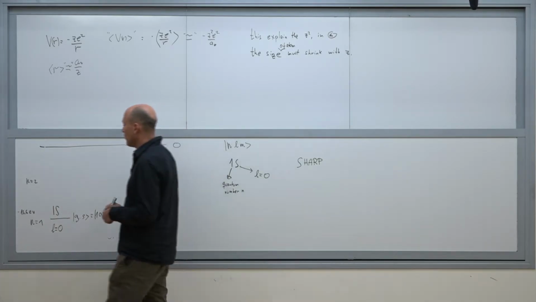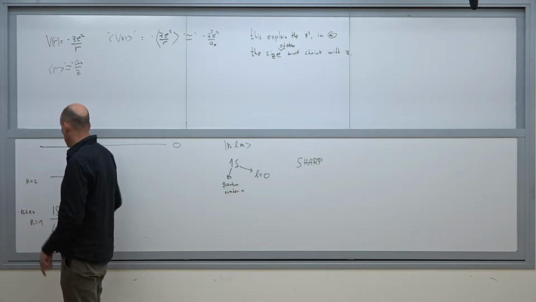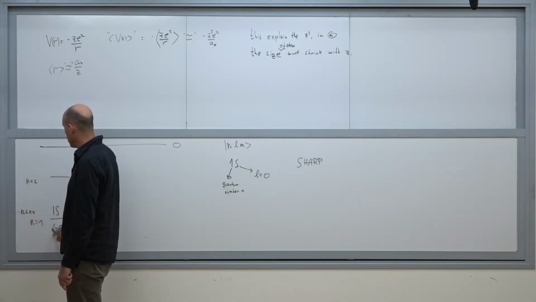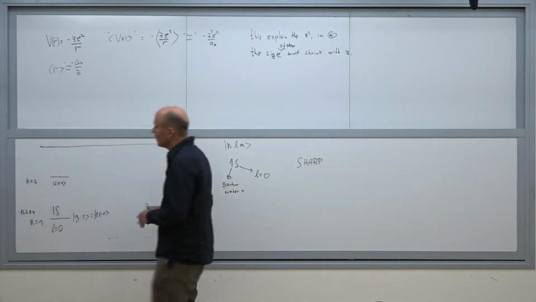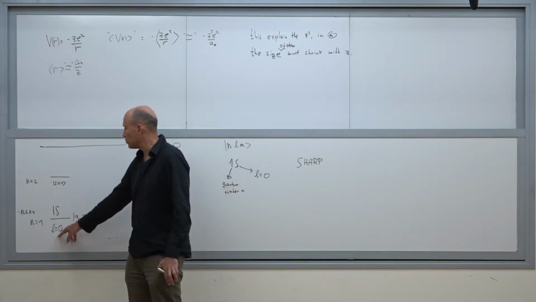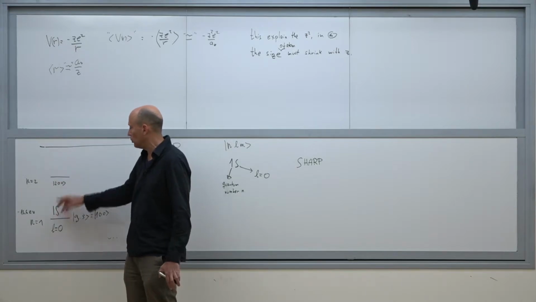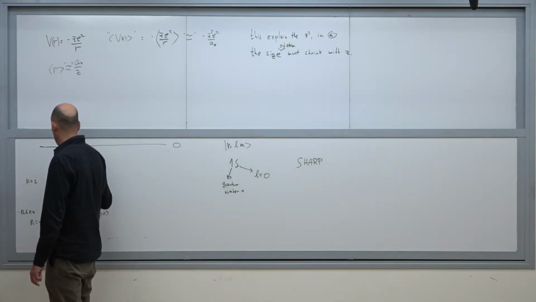Here I have another state which also has L equals 0, but its n is 2. So this is going to be 2, 0, 0. This is called 2s.